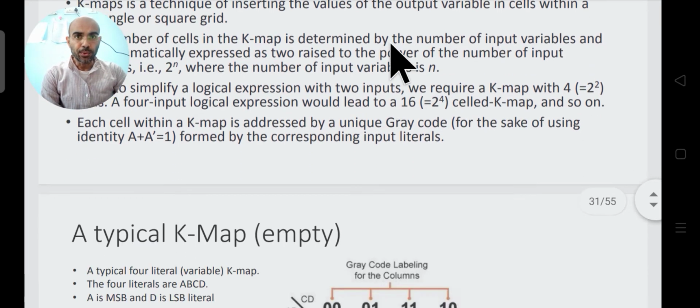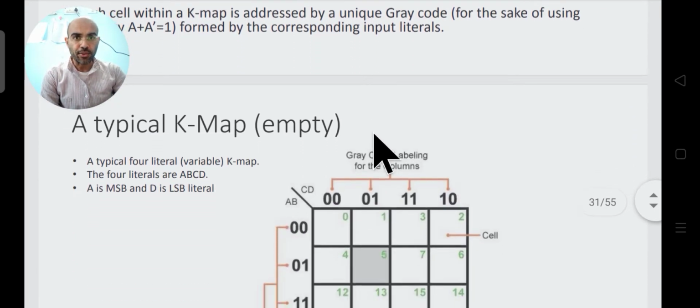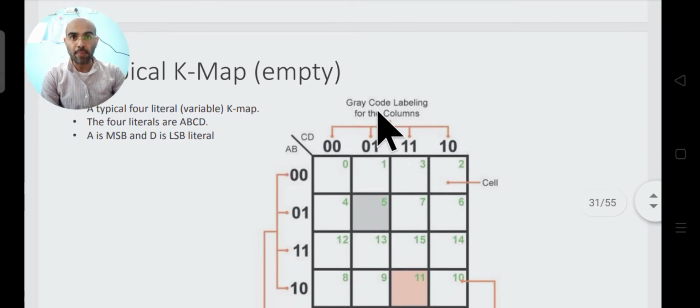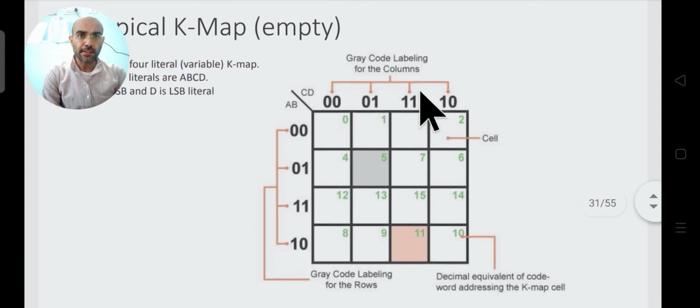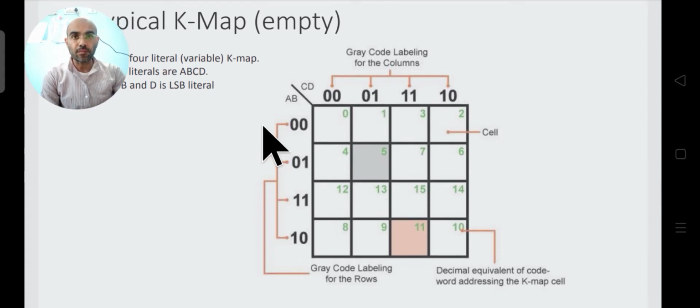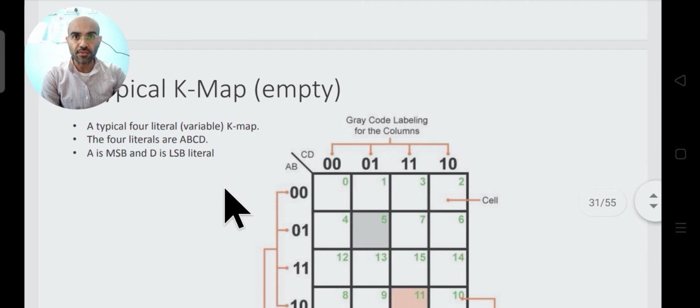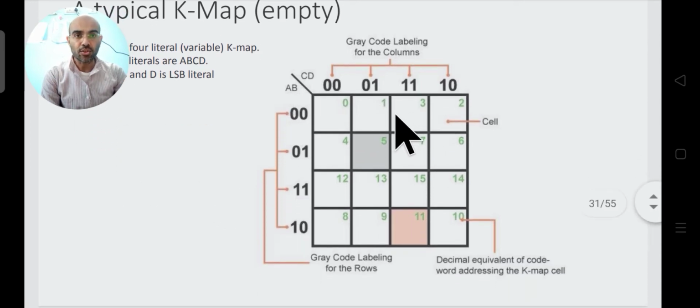Let's first see how an empty K-map will look for a 4 variable expression. Let's say your number of variables is 4, A is your MSB and D is your LSB. So A, B, C, D, there are 4 literals, with A being your MSB and D your LSB. How to draw it?